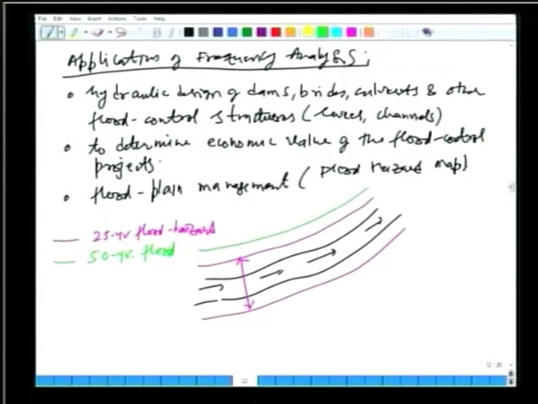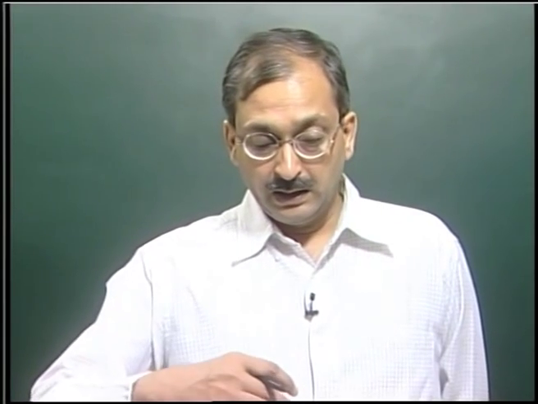So let us say this is your 50-year flood, which will be bigger than this on either side. I am drawing it very nice and easy, but you know that depending upon the topography and the slope and everything along the channel, you will have different types of boundaries, which of course can be delineated.